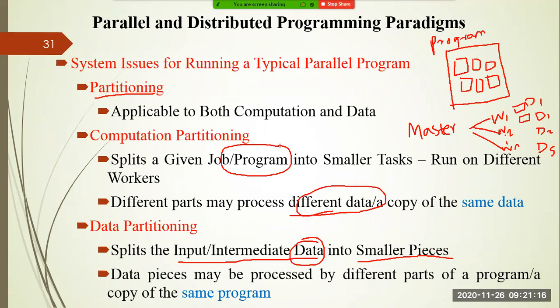Why are you dividing it into pieces? Because you want to execute them on different workers. Similarly, here also data pieces may be processed by different parts of the program or a copy of the same program. Both look like the same thing, but one is dealing with the computational side, the other with the data side. Or from the job perspective, in one case we say computation intensive job, and in the second case we say data intensive job.